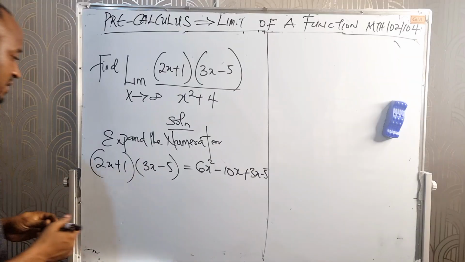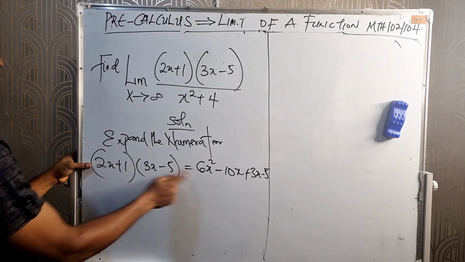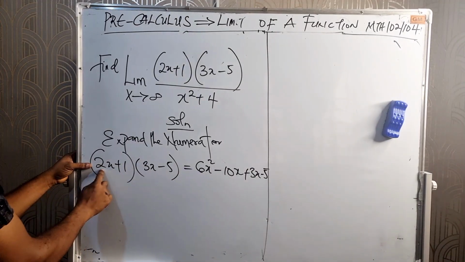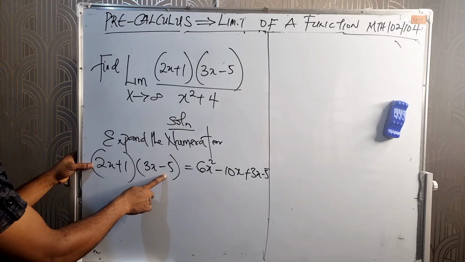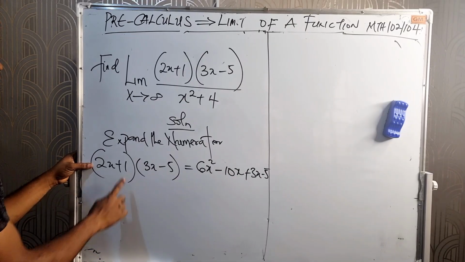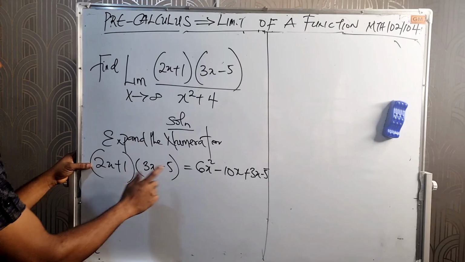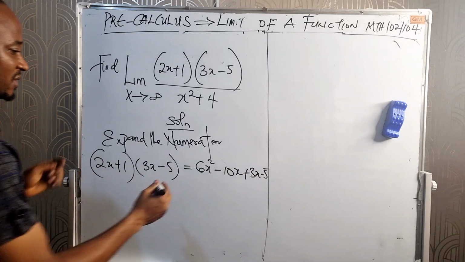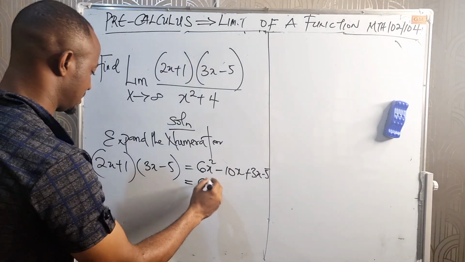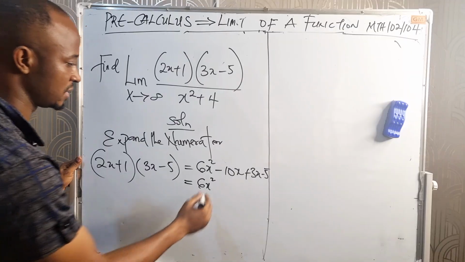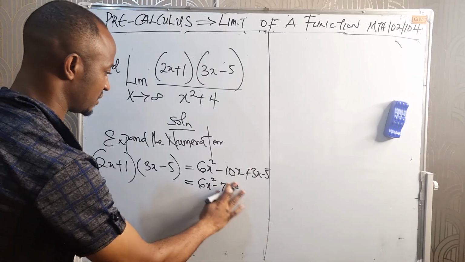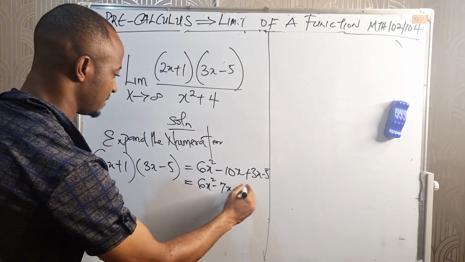I repeat again. 2 times 3 is 6. So x times x is x squared. 2x times minus 5 is minus 10x. Right? 1 times 3 is plus 3x. 1 times minus 5 is what? Minus 5. And that will give us what here? 6x squared minus 7x minus 5.